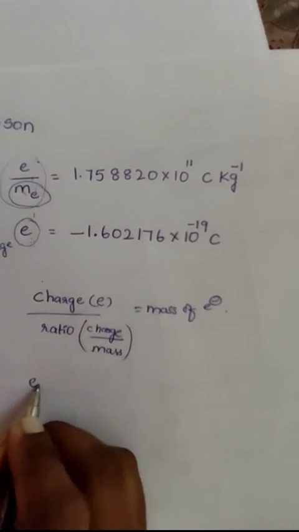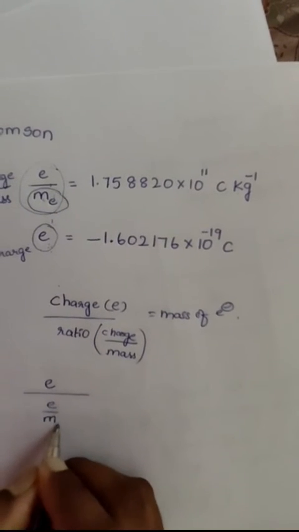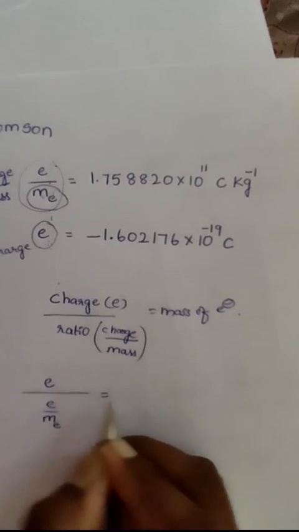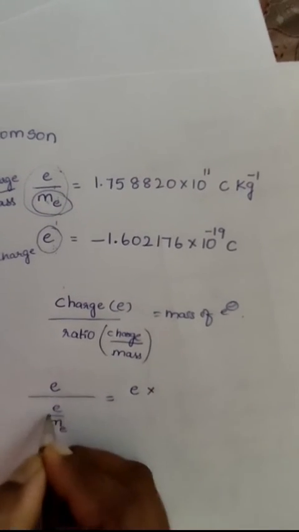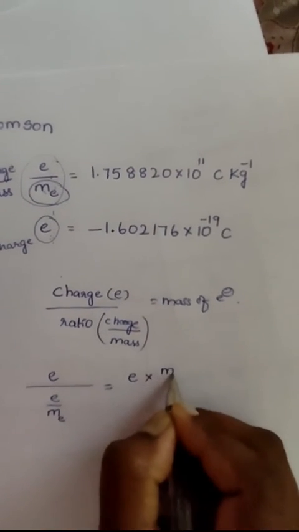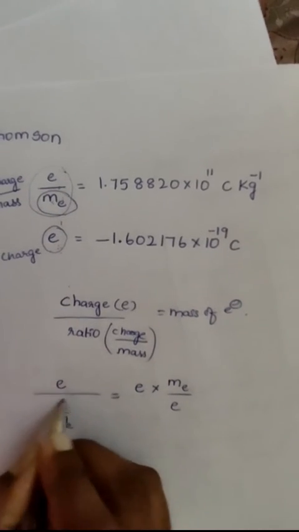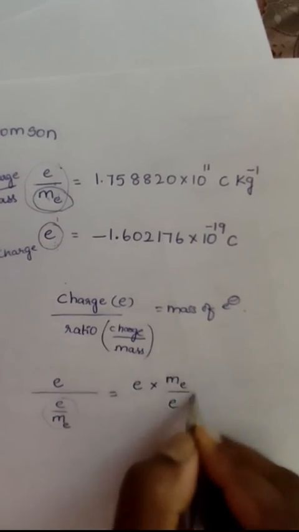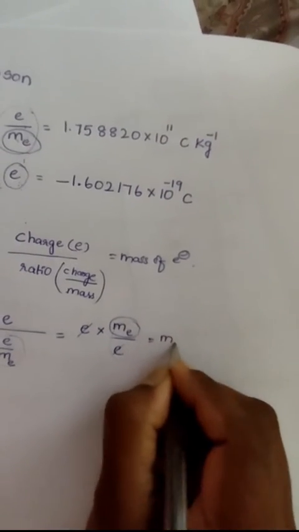Charge of the electron divided by charge by mass of the electron is equal to charge of the electron into, reciprocating, mass of the electron by charge. So E gets cancelled, we get the mass of the electron.